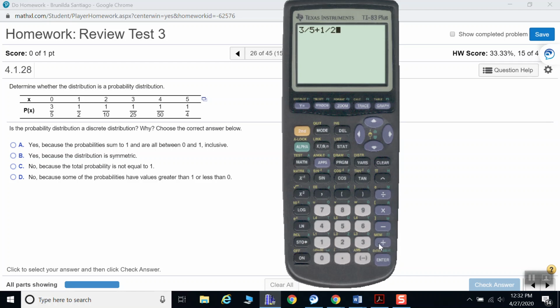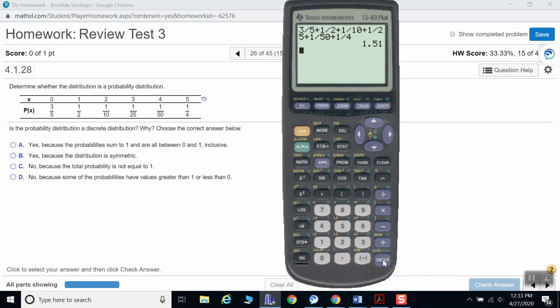1 divided by 2 plus 1 divided by 10 plus 1 divided by 25 plus 1 divided by 50 plus 1 divided by 4.